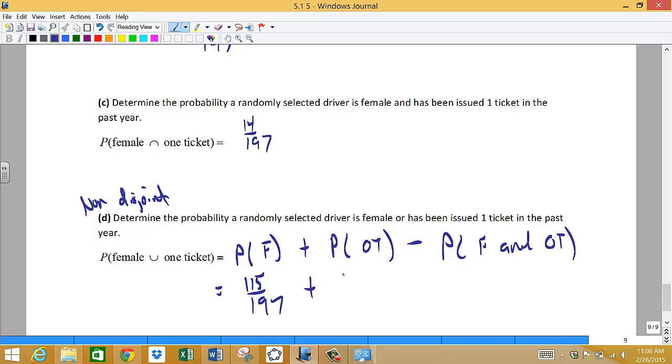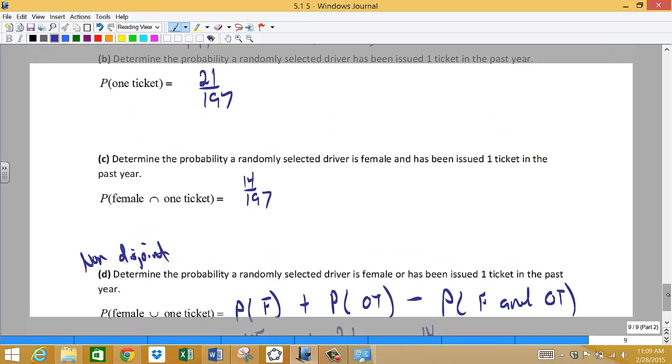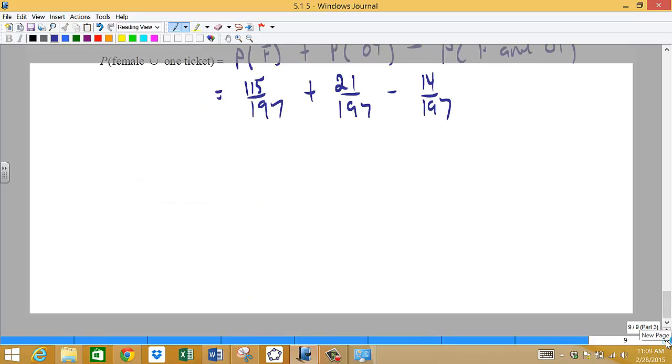Probability of one ticket holder, 21 over 197. Minus the probability of female and one ticket holder. Well, that's 14 over 197. So let's see what we get here. Okay. So this gives us 122 over 197.